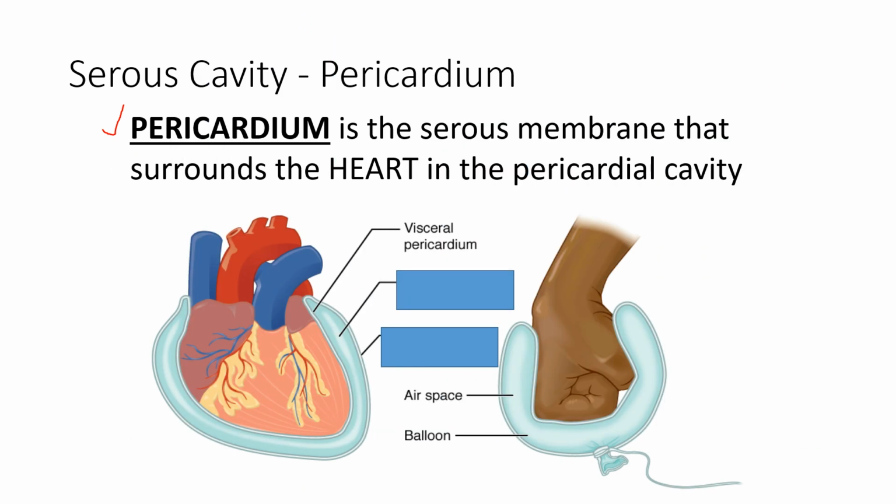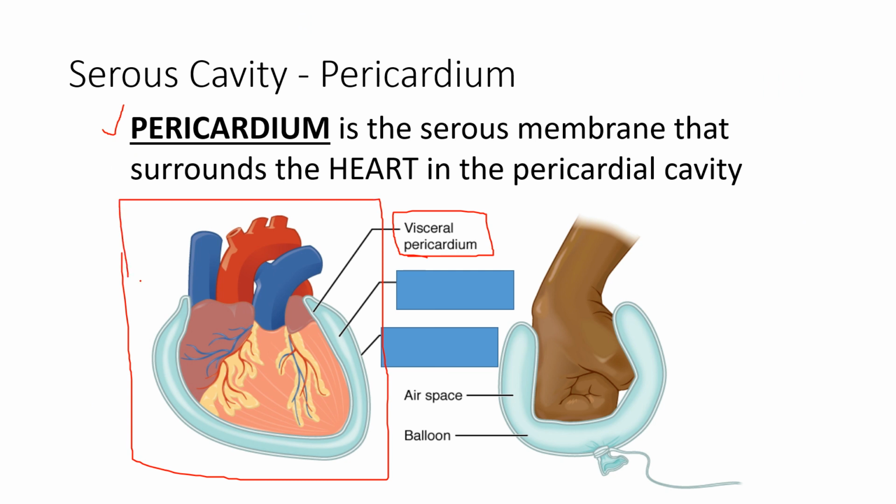Sorry, I don't have a letter on it. That is going to be the visceral pericardium. If I were to show you this image of the heart, and you've got this line pointing to that layer right there, which is on the surface of the heart, because it's on the surface, you know it's visceral, and because it's around the heart, you're going to say pericardium. So your answer for that would be visceral pericardium.